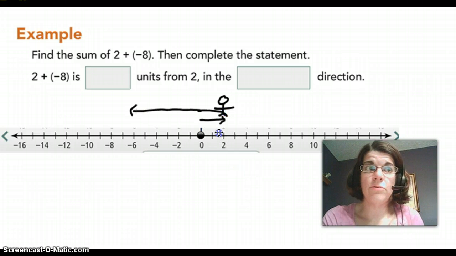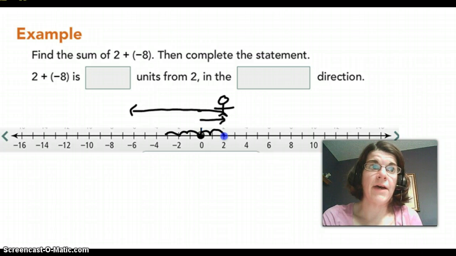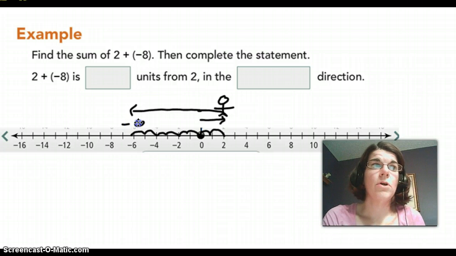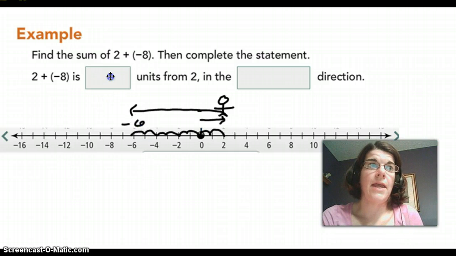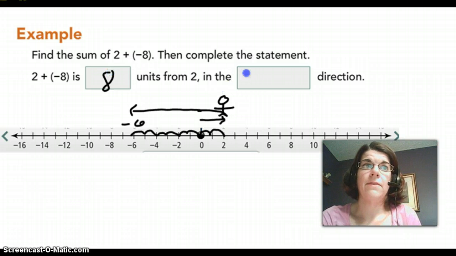Now if you want to do loops, you can do loops from the 2. 1, 2, 3, 4, 5, 6, 7, 8. And we end up at negative 6. So 2 plus negative 8 is 8 units from 2 in the left direction.